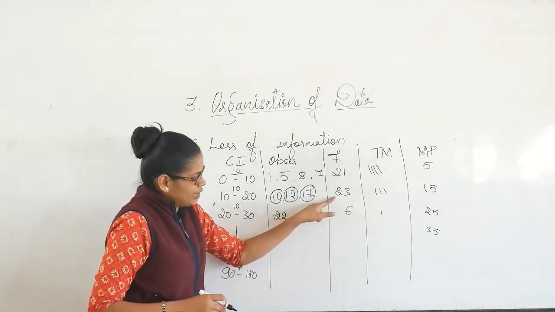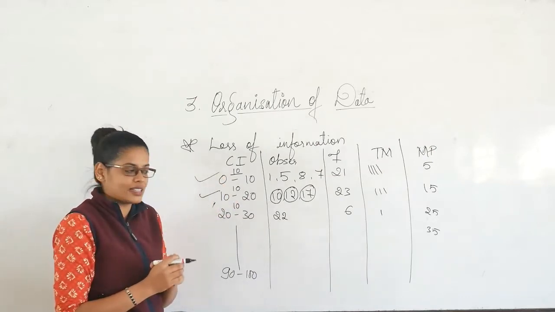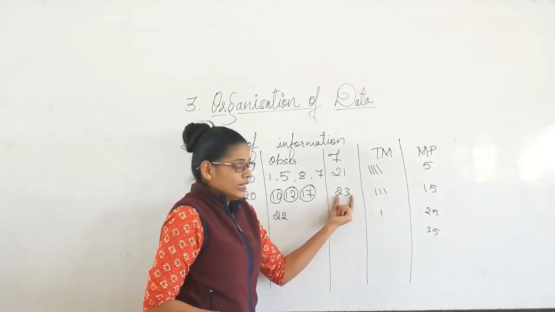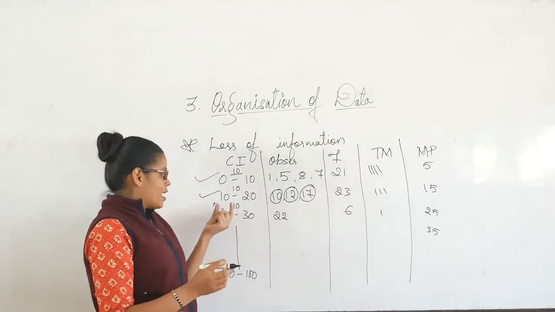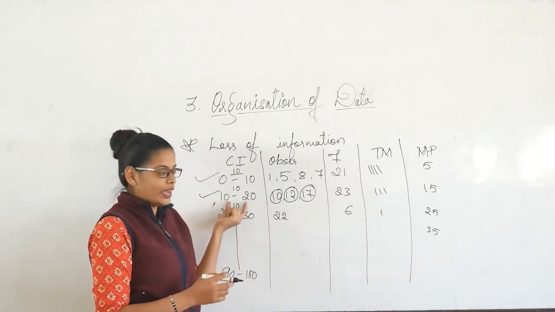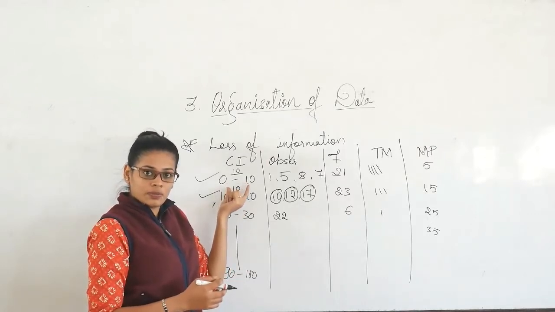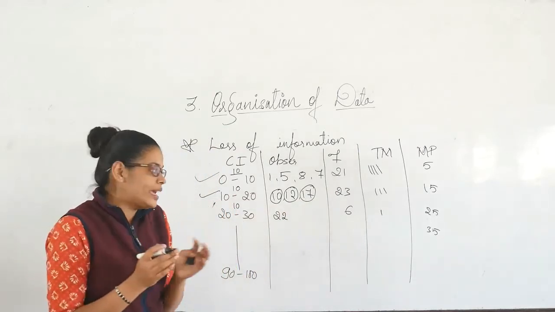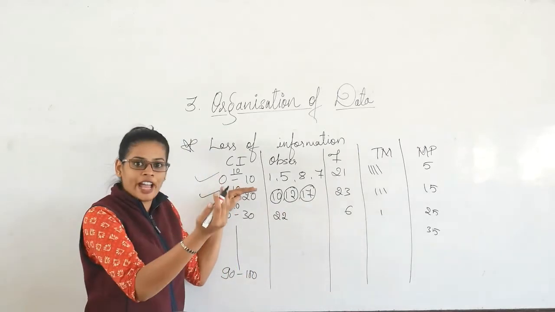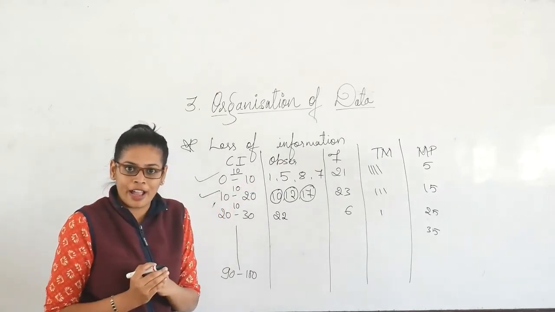But if you see the first and second class intervals, 23 students have scored marks in this range, okay? 21 students have scored marks in this range, right? But we don't know how many have scored more than 5, and how many of them have scored less than 5.